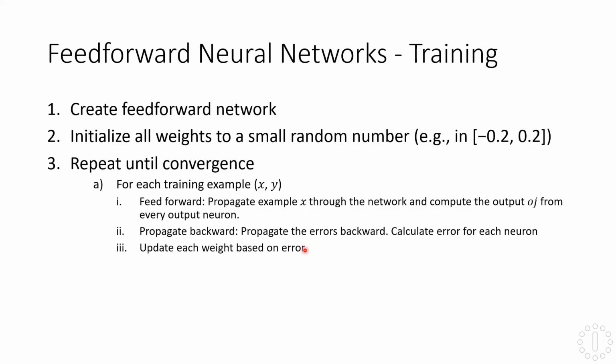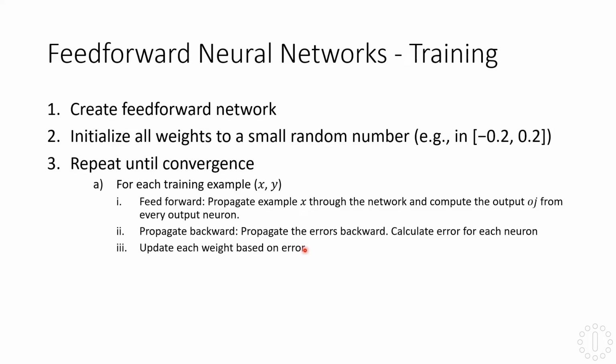This loss function is the discrepancy between the expected output and the output that we actually get. We keep repeating this until we converge. That means we stop when some stopping criterion is met. That can be, for example, if the error doesn't change enough, or doesn't decrease enough, then we can stop.